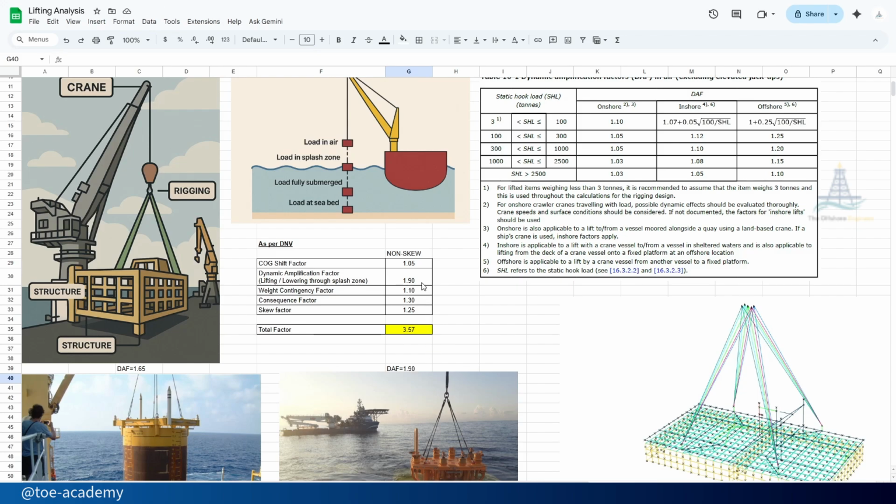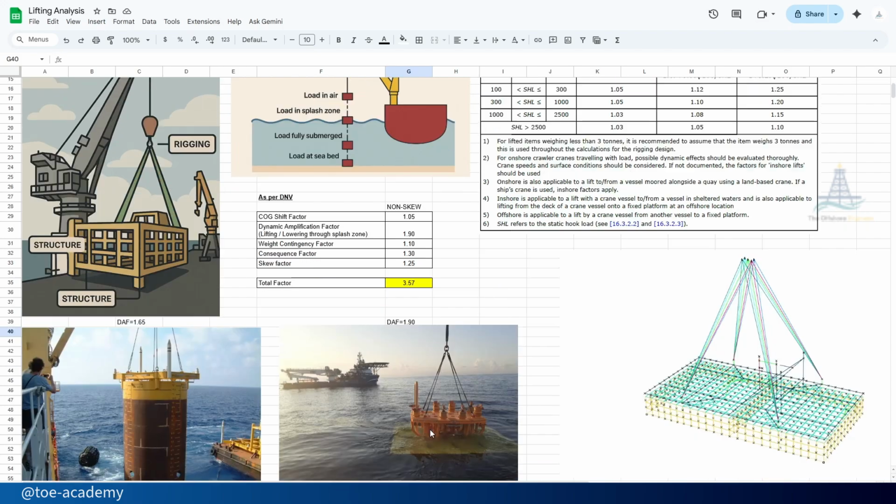In some cases people used to take a conservative value of 2. But there is some recommendation that when you are taking 2, you should be using a submerged weight factor. So there will be a reduction in the density due to the buoyancy effect. The density will be reduced by 0.87. So that is a different story. Now consider I am going for a mat structure and I will have a DAF of 1.9.